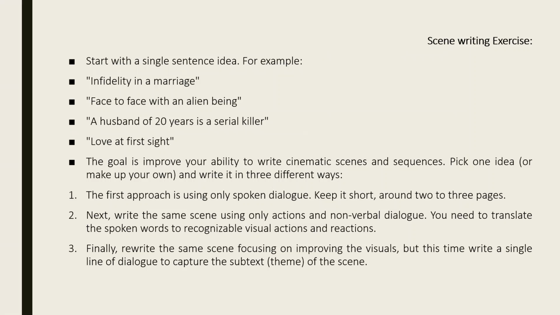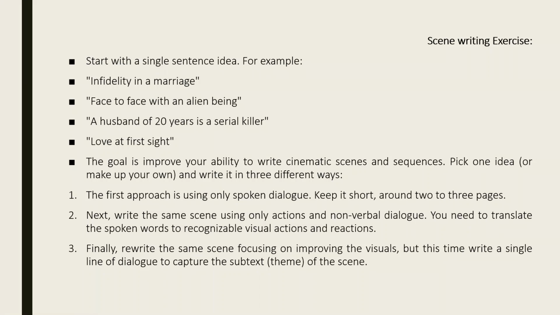There's a small little exercise that I would want you guys to take up, so I wanted to run you through that as the last slide. So start with a single sentence idea. For example, infidelity in a marriage, face to face with an alien being, a husband of 20 years is a serial killer, love at first sight.